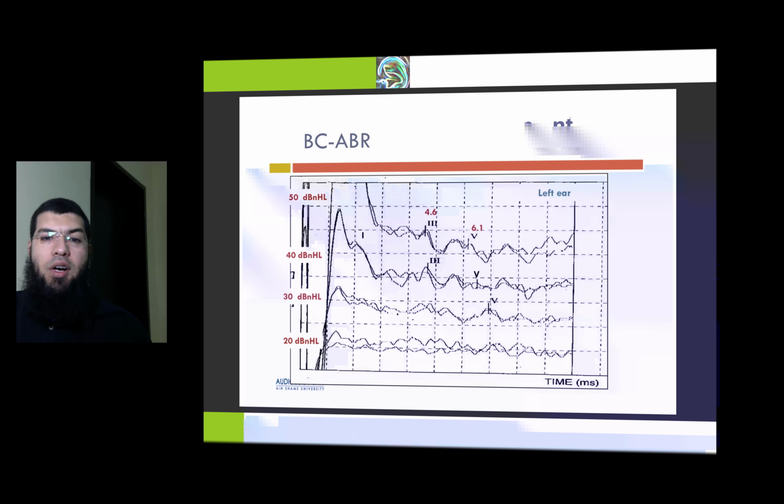In the bone ABR trace, the latency is delayed. It is normally delayed compared to the air conduction ABR by within 0.5 millisecond. Another issue is that the frequency range of the bone conduction ABR is different from that of the air conduction ABR, as the bone conduction ABR frequency range is around 1.5 kHz.